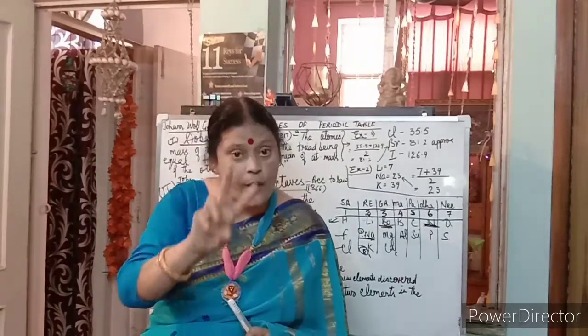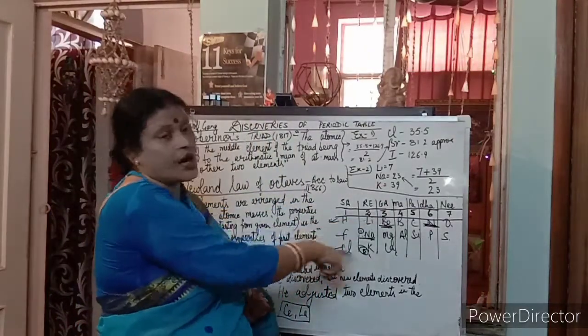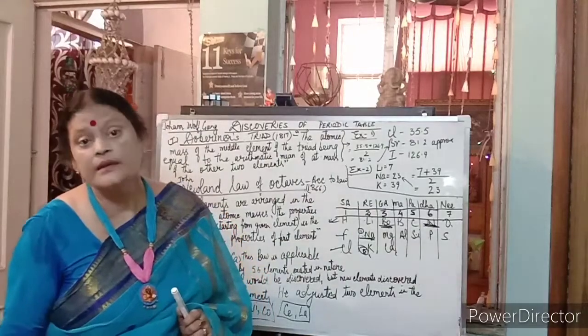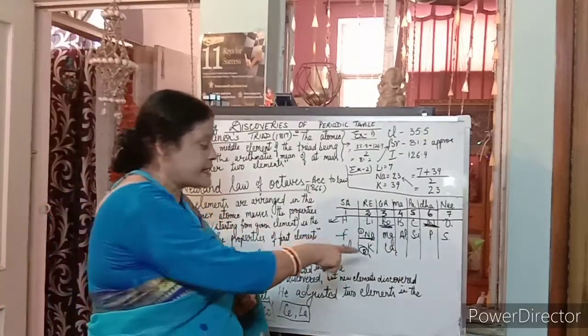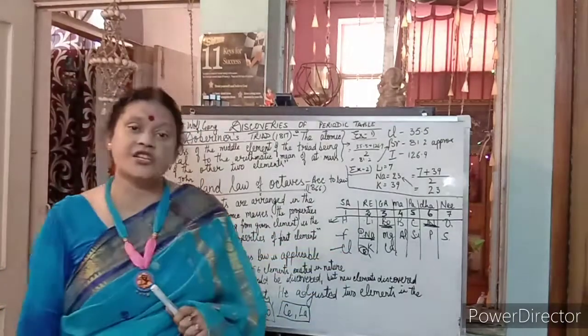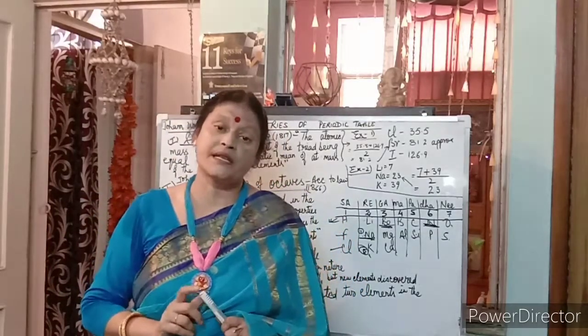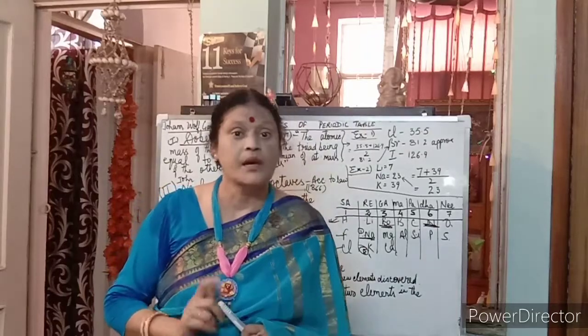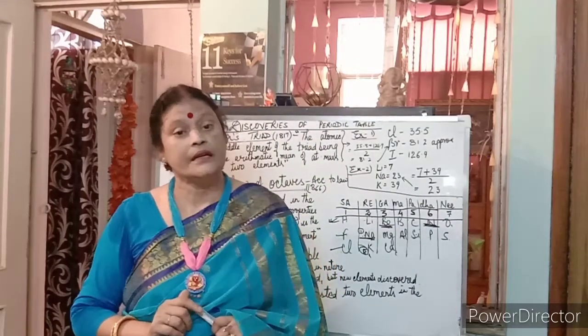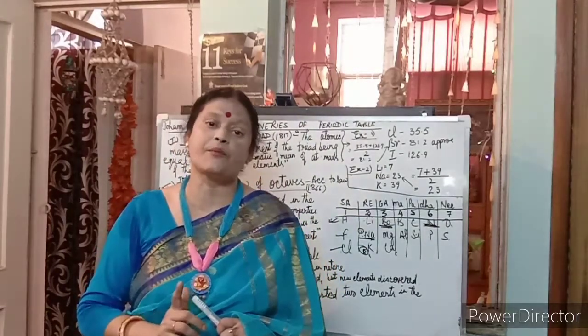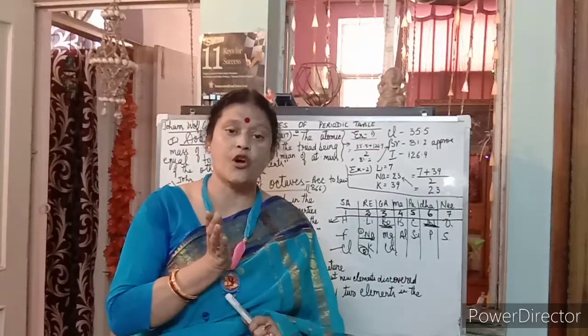Okay. Second drawback: his chart, that is his table, was possible only till calcium. Till calcium, the properties are repeating and showing the pattern, but after calcium, it is not tallying. His properties were not matching. So this is another drawback.